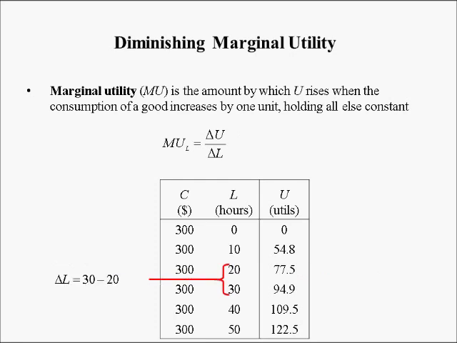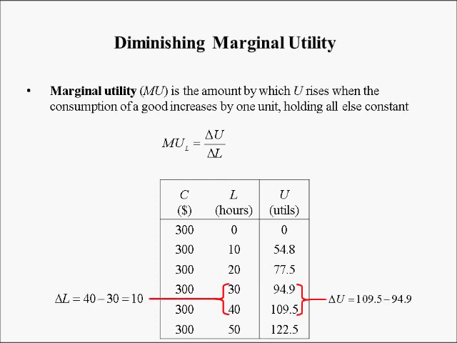Then we have an increase in leisure of 10 hours again. Utility increases by 17.1 utils. So on average, between 20 and 30 hours of leisure, an additional hour of leisure will yield 1.71 more utils of utility. Another 10 hours of leisure yields us 14.6 additional utils.